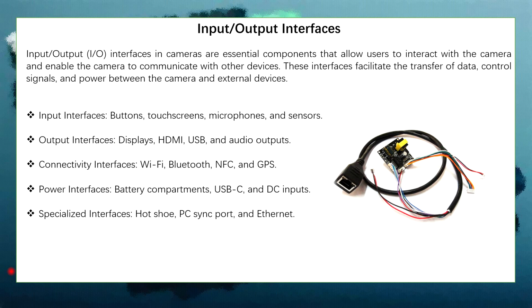Input interface: buttons, touchscreen, microphones, and sensors. Output interface: displays, HDMI, USB, and audio output. Connectivity interface: Wi-Fi, Bluetooth, NFC, and GPS. Power interface: battery compartments, USB-C, and DC input. Specialized interface: hot shoe, PC sync port, and Ethernet.